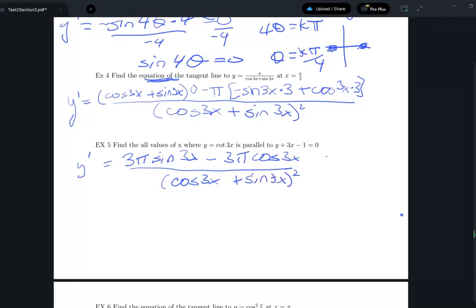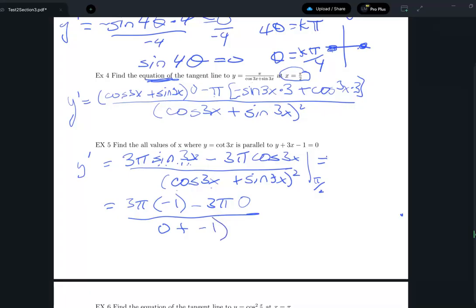Now I'm going to plug in pi over 2. Another notation would say put in pi over 2. You know sine of 3 pi over 2 gives me a negative 1. So let me write it down here: 3 pi sine of 3 pi over 2, negative 1, minus 3 pi cosine of 3 pi over 2, which is 0, over cosine of 3 pi over 2, which is 0, plus a negative 1, sine of 3 pi over 2, and all of that is squared.